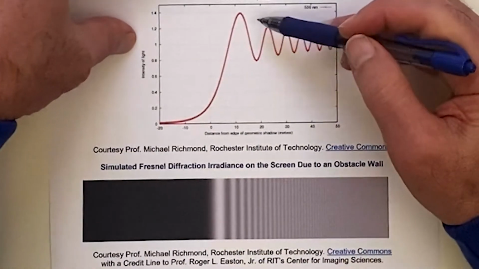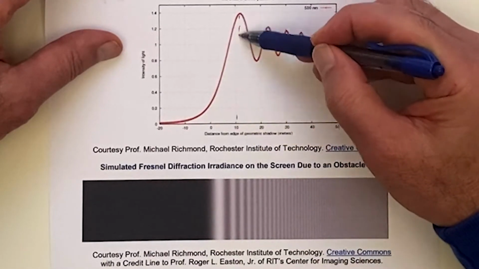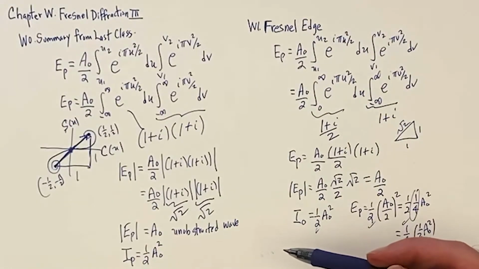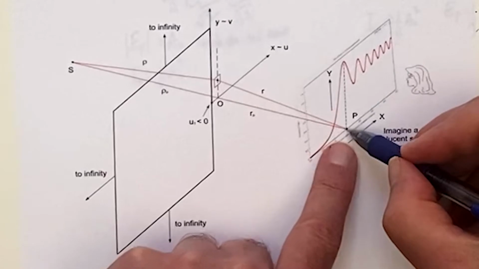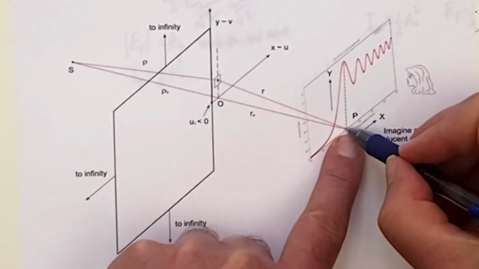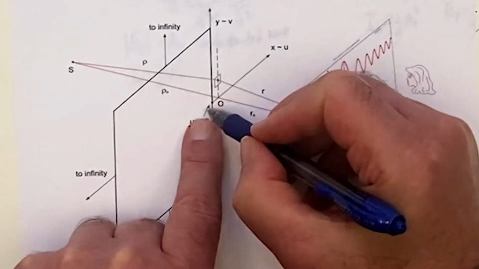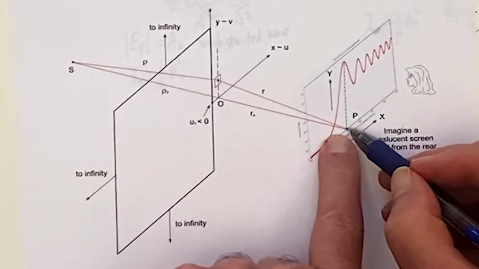So we would like to go after this point. Let's see if we can understand this point. This is the first maximum. So for that case, what we do is we move over to this point. So now, in this case, the origin has moved over. So we're going to integrate now a little bit to the left from where our perspective is.